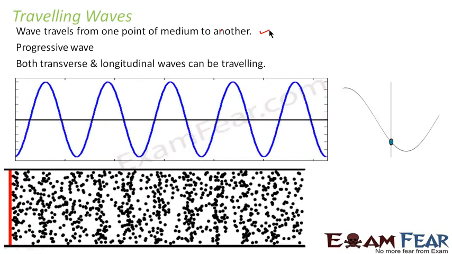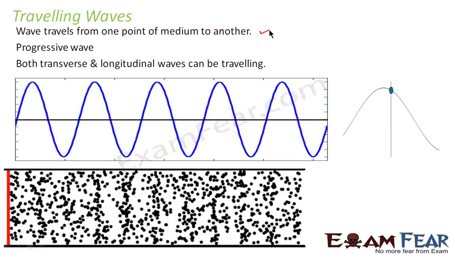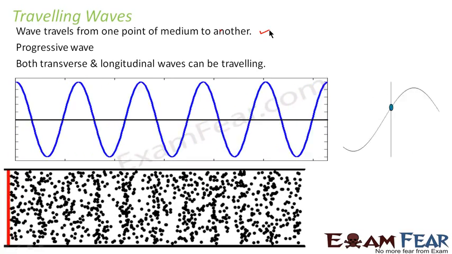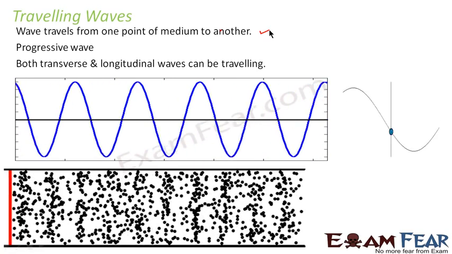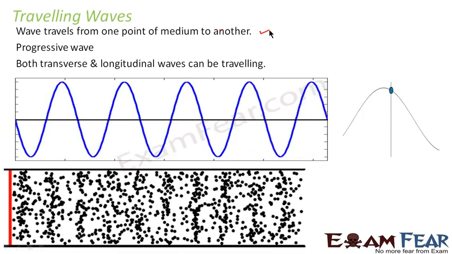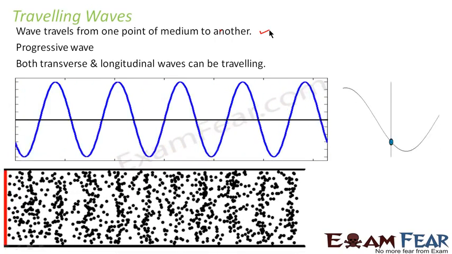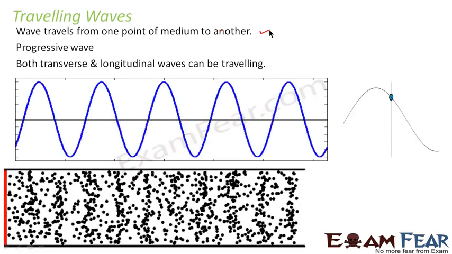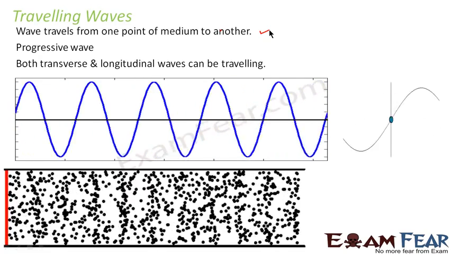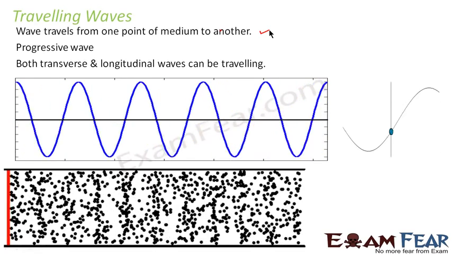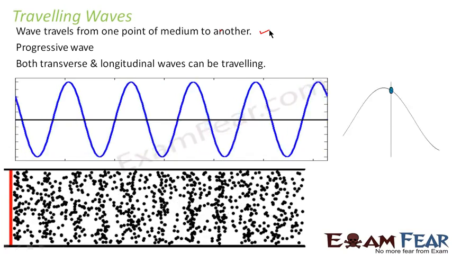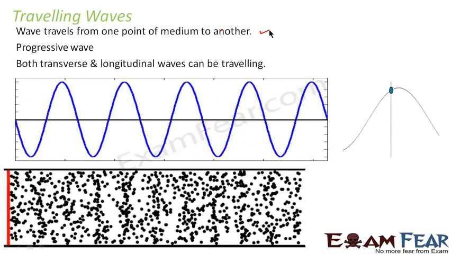In the first half of the chapter, we will discuss the different properties of waves, the different parameters or terms which you should know related to waves. We will talk about traveling waves, and transverse as well as longitudinal waves. Once we are done with that, then we will get into standing waves.